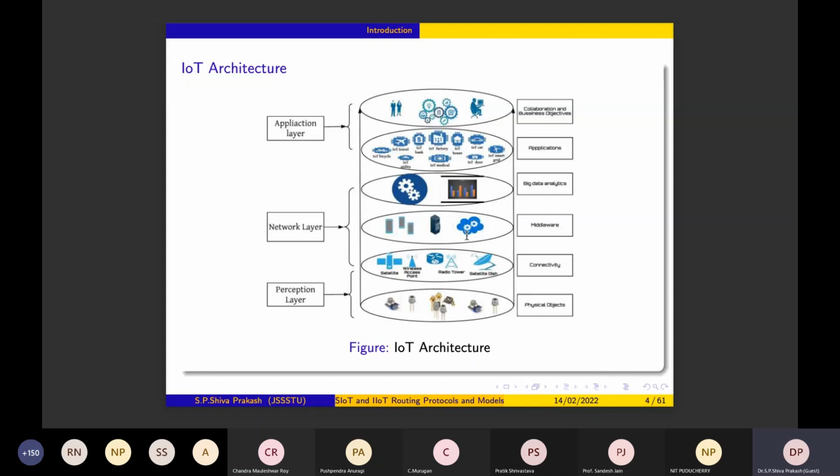which we use to analyze the data, and finally you have to take some action. That's why, when we look into the IoT definition, it says that D, I, and K are very important: data, information, and knowledge.